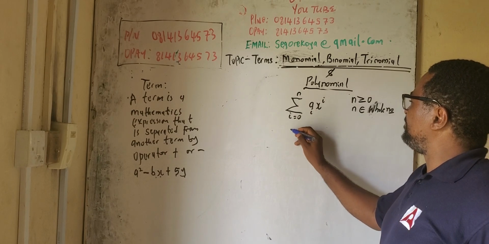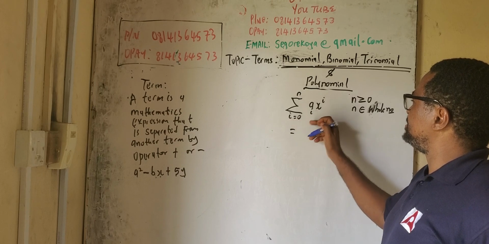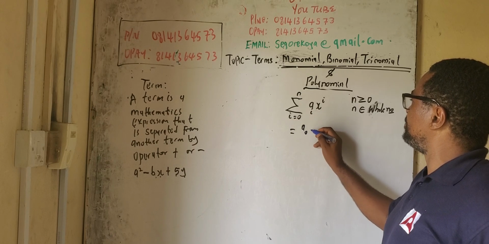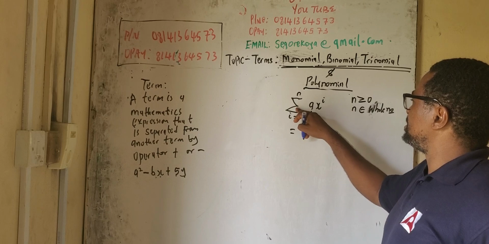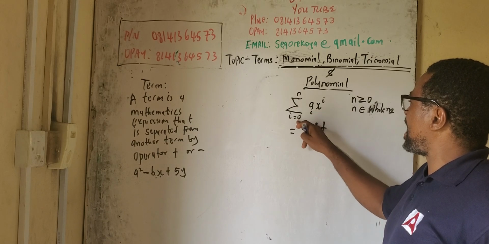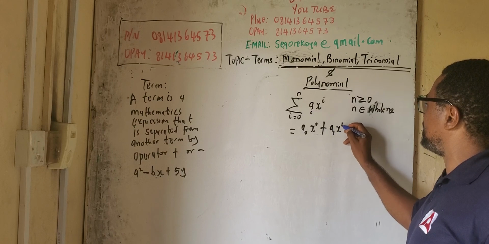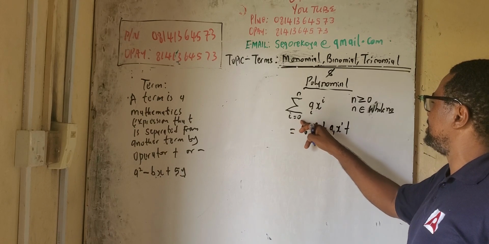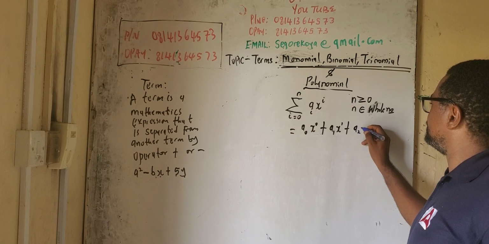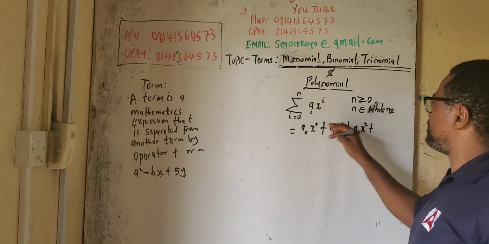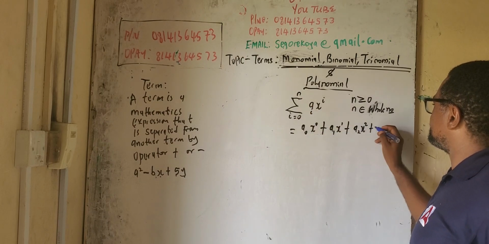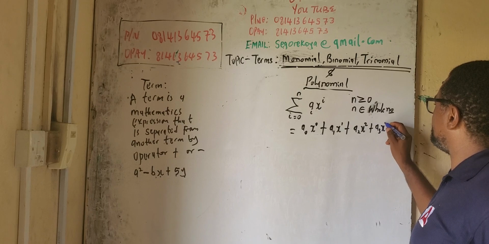So when i is 0, I have a0 x raised to power 0. The sigma says add it to, when i is 1, a1 x raised to power 1, plus when i is 2, a2 x raised to power 2, plus when i is 3, a3 x raised to power 3.